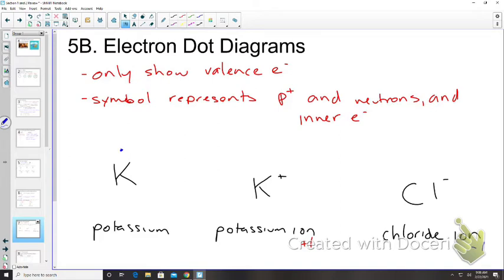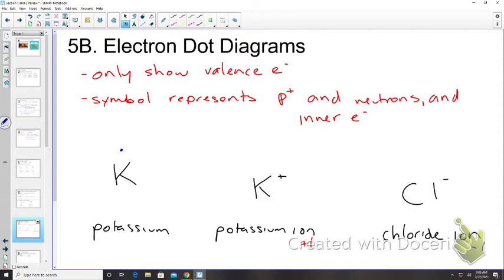Okay, remember we watched those videos on the reactivity of the group 1 metals, right? We dropped lithium and sodium and potassium in water. It was very reactive. It actually lit on fire, and in some cases it blew up the beaker. Okay, that's because it wants to get rid of that 1 electron.